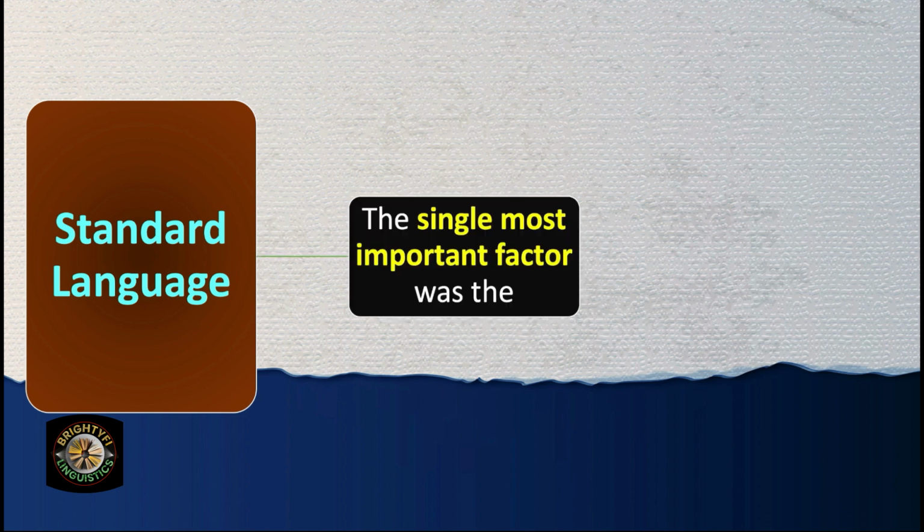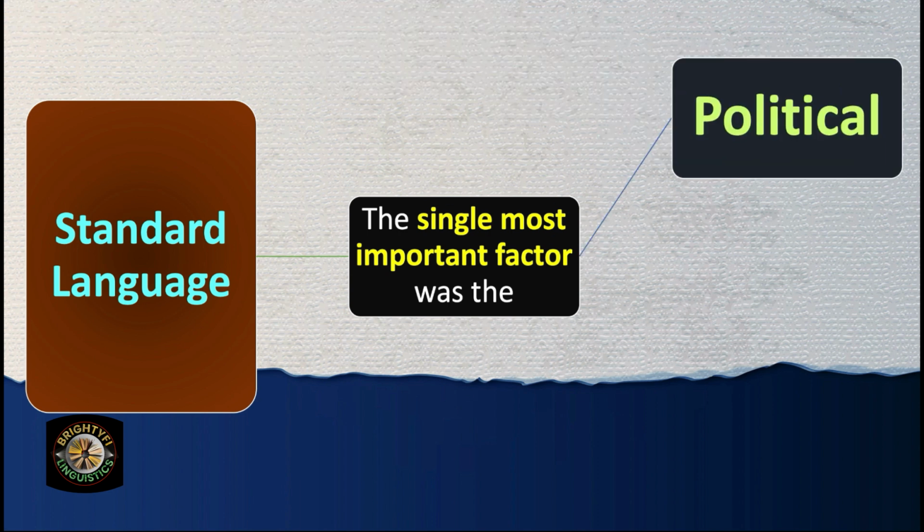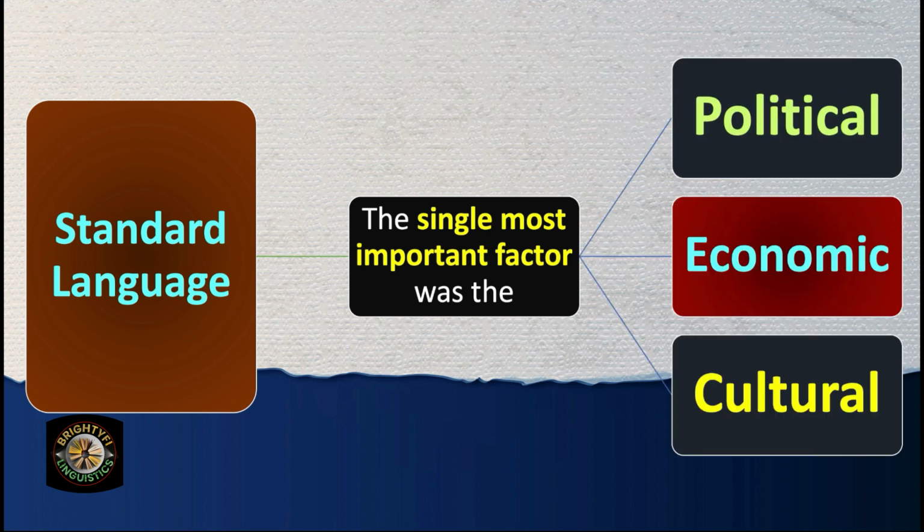The single most important factor behind a standard language was the political, economic, and cultural influence of the educated class of people in London. And that became the basis of a standard language or standard English.